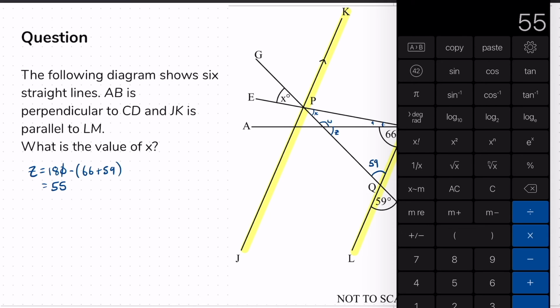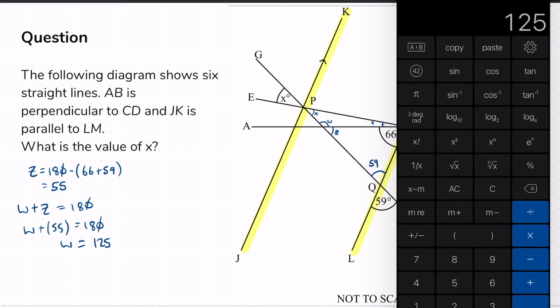Good thing I double checked. Okay, so if that's true, then W plus Z is equal to 180. So W plus 55 equals 180. W equals 180 take away 55, which is 125.